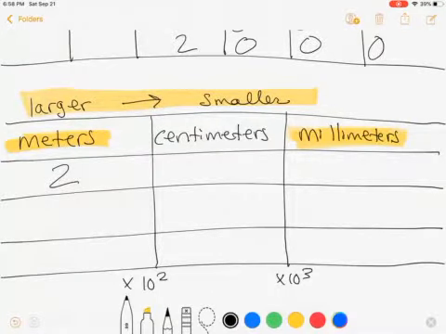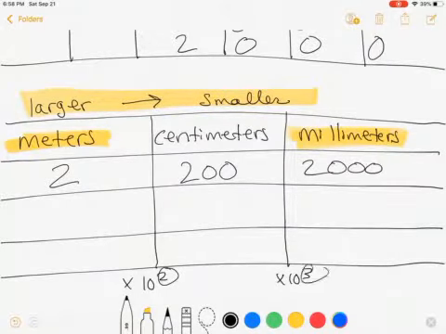So we're going to add 2 zeros because we're multiplying by 100. And if we have 2 meters and we want to rename as millimeters, we need to add 3 zeros and get 2,000.